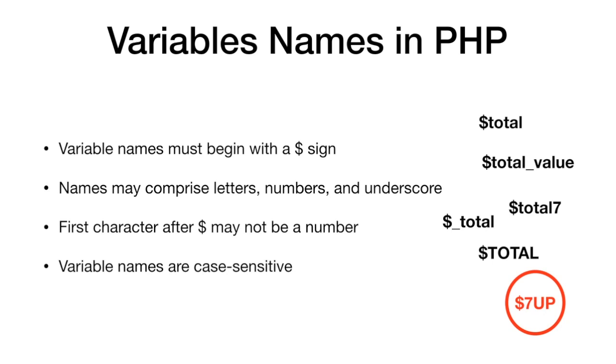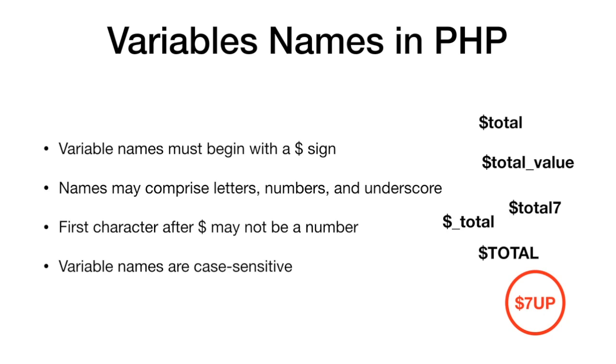So we can have $total, $total_value, $total7, $_total, for example. We can have $TOTAL all in uppercase. Now, if we have a variable $TOTAL in uppercase and another variable $total in lowercase, those are separate variables. They're not the same thing at all.